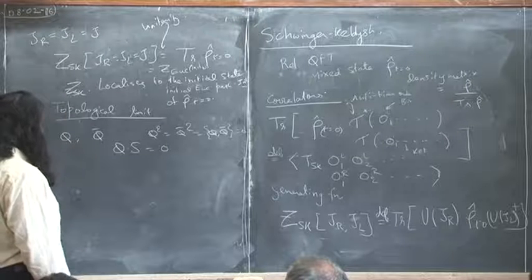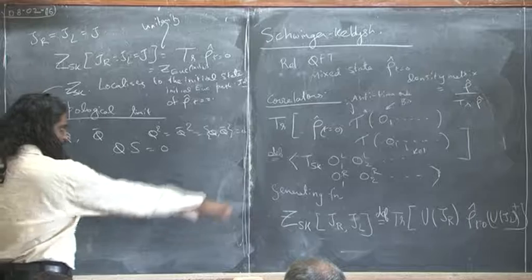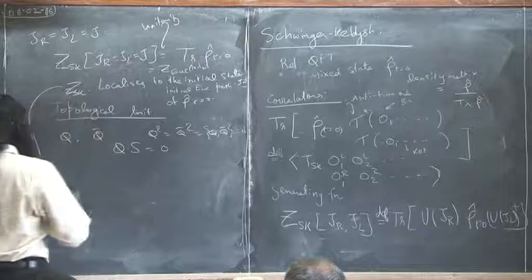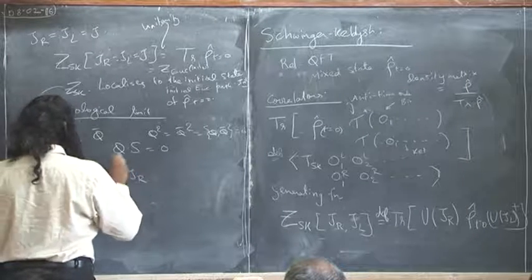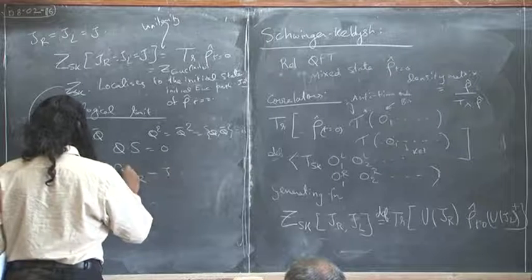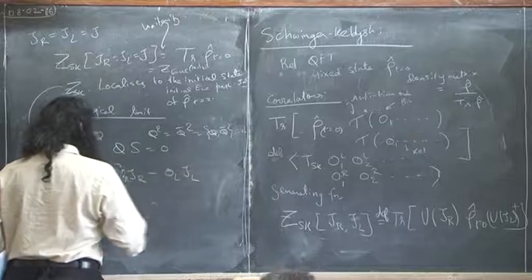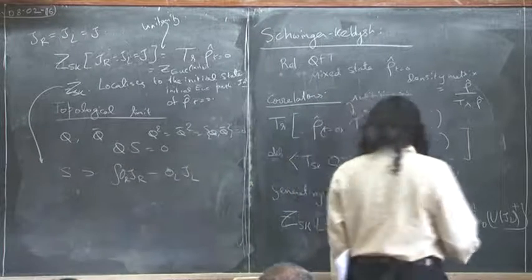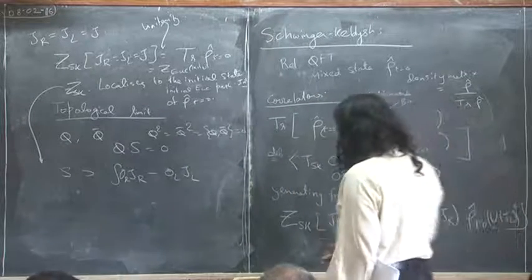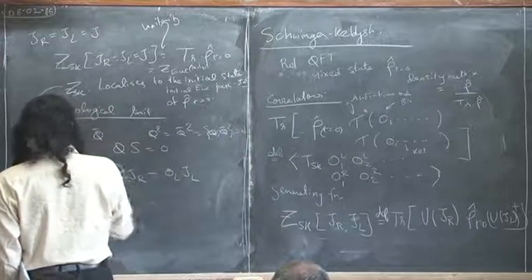Another way to say it is that you can also see this by looking at the operators explicitly. In the action, the coupling of the operators to the sources goes like this. This is because the unitary is the usual thing that you have over J_R, and because of the dagger, the J_L.